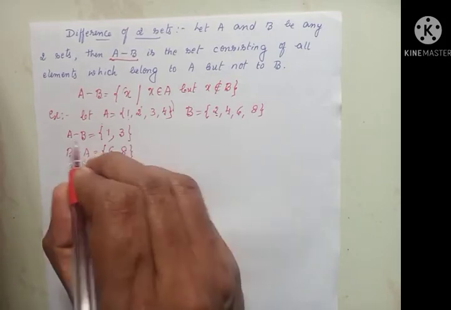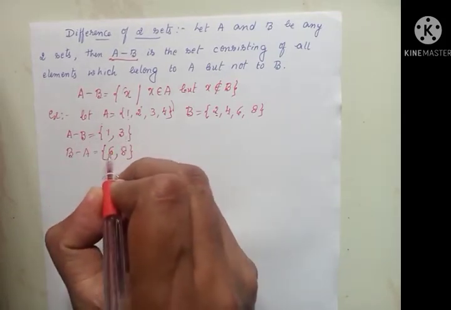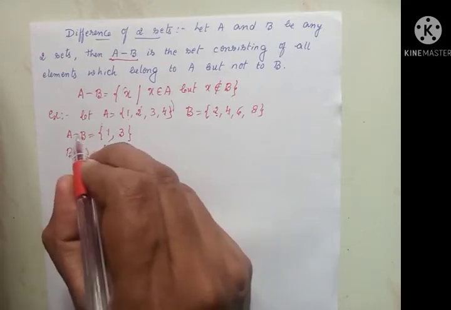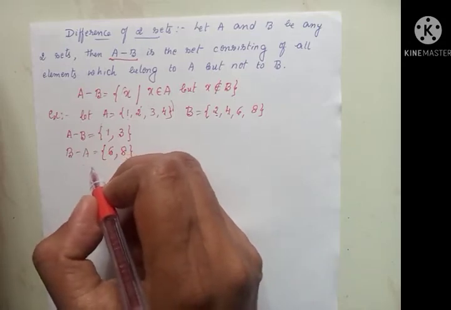So A minus B is 1, 3 and B minus A is 6, 8. For this reason I say that A minus B is not equal to B minus A.